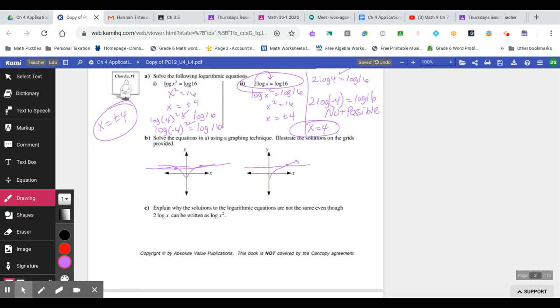Okay, so why are the solutions, explain why the solutions to the logarithmic equations are not the same, even though one can be written like the other. And that is about domain. Okay, so the domain for 2 log x is x has to be greater than 0.